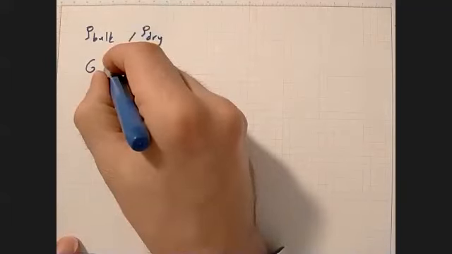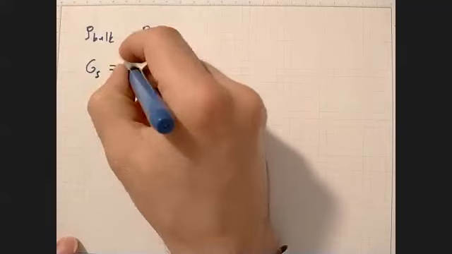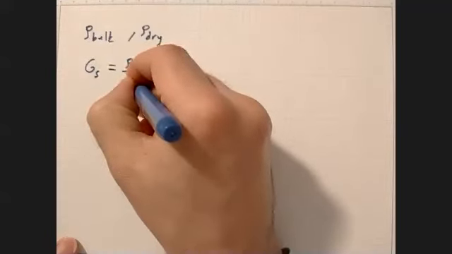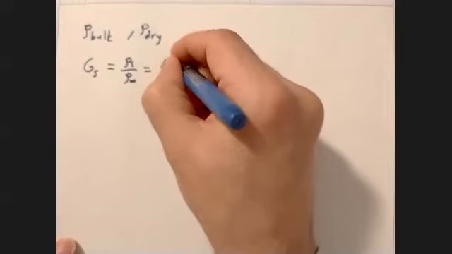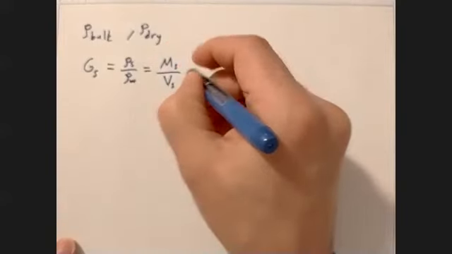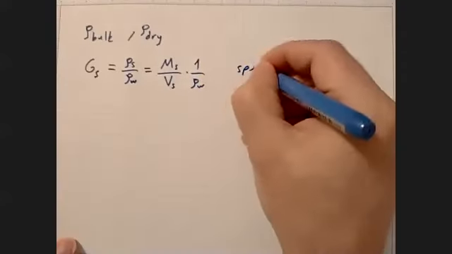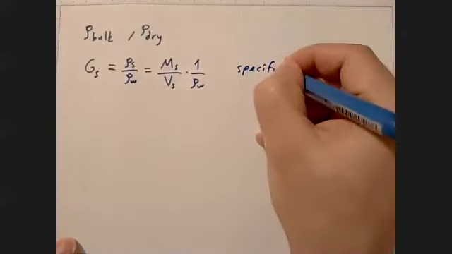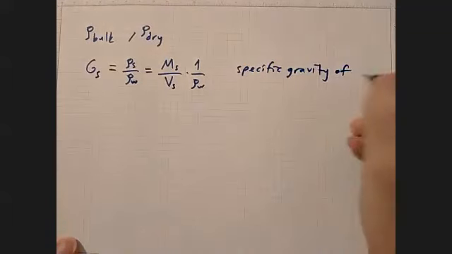And that is going to be density of solids over density of water, which means it is the mass of solids over volume of solids times 1 over density of water. So this is the specific gravity of solids.